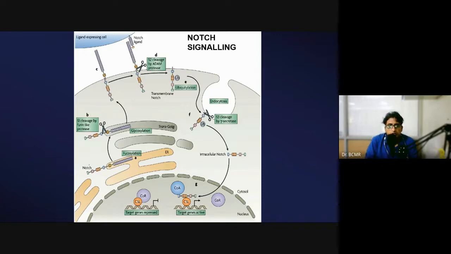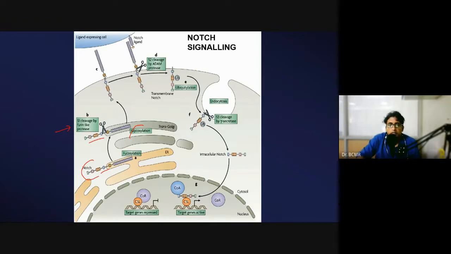In this, we discussed that Notch is produced as a single peptide. Then it is processed. There are some steps of addition of oligosaccharides, and then there is the first, S1 cleavage, by furin. A single polypeptide is made into two.